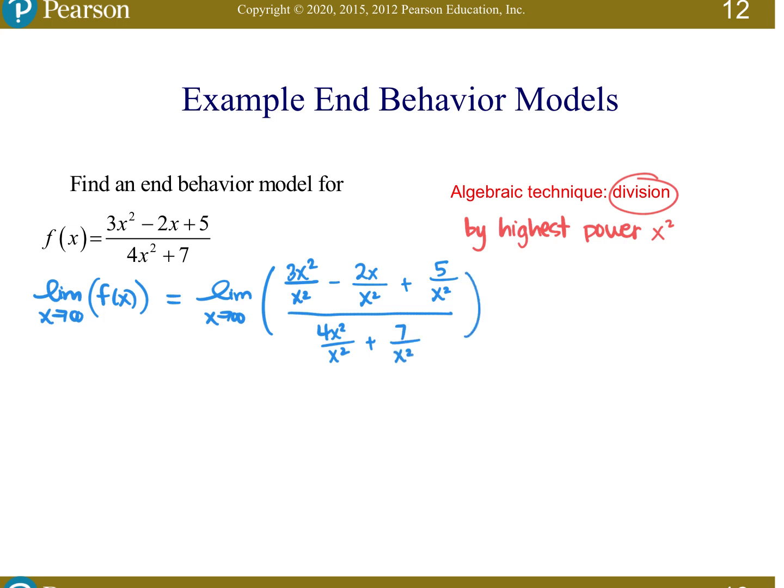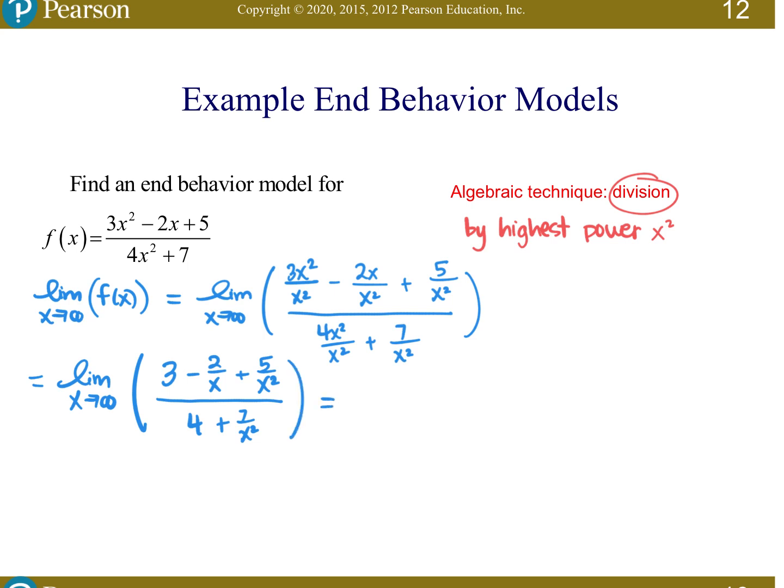So remember, in algebra, everything is legal as long as you do it to all available pieces. That's why we're doing it to all 5 parts. So we're left with 3 minus 2 over x plus 5 over x squared, and then the denominator is 4 plus 7 over x squared.